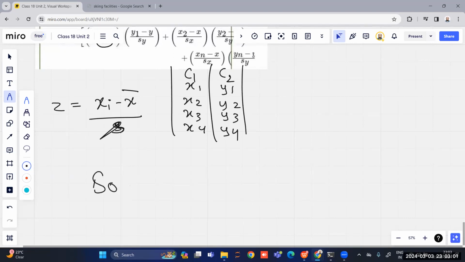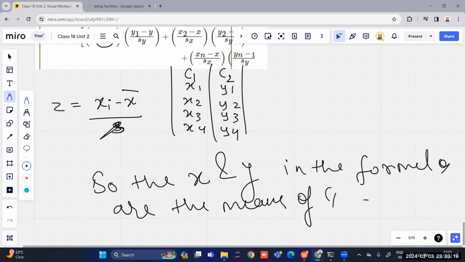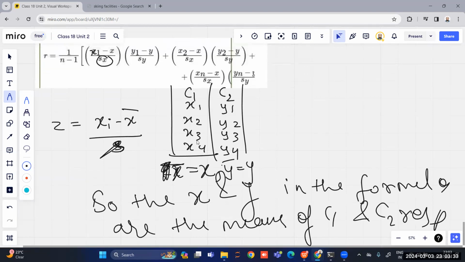The x bar and y bar in the formula are the means of column 1 and column 2 respectively. The mean of column 1 is x bar, and y bar is the mean of column 2. Yes or no? This will be the mean.